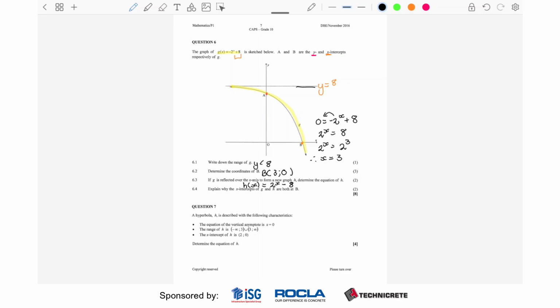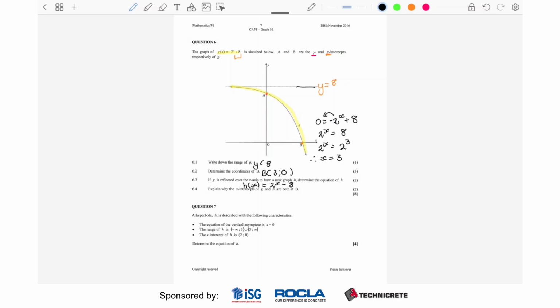This means when y is equal to 0, the solution will be the same for both functions. This means that both g and h will have the x-intercept at B. Is that okay? Okay. Now we're done with question 6. Let's move on to question 7.